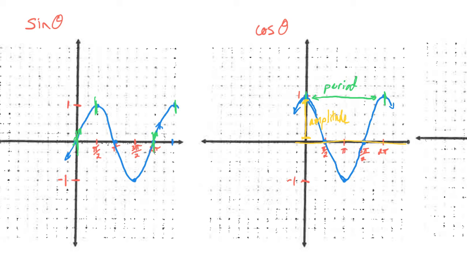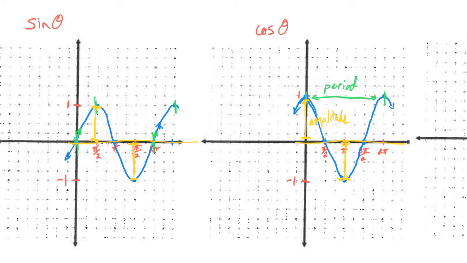The amplitude for both the standard cosine and the standard sine is just 1, because it goes up to 1 and then it goes down to negative 1. So there would be the amplitude going the other way. Same with the sine. You've got an amplitude at each peak and at each valley. So it's just the distance between the middle of the function and the peak or the valley.